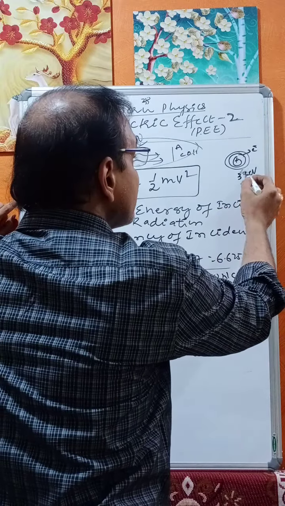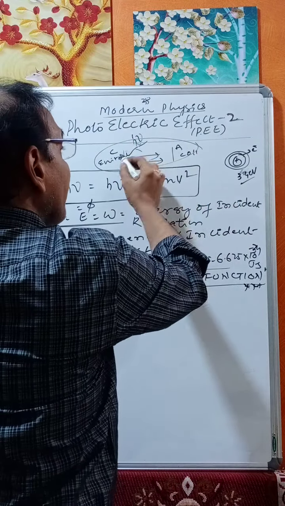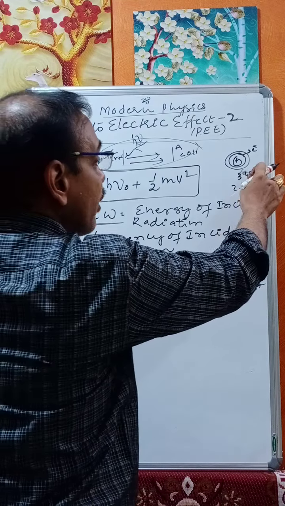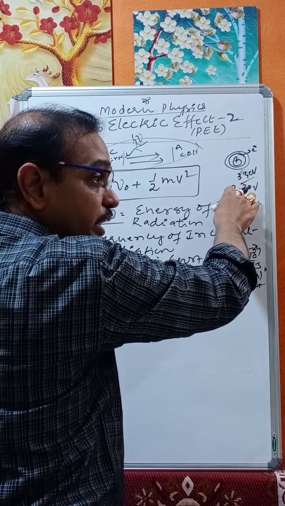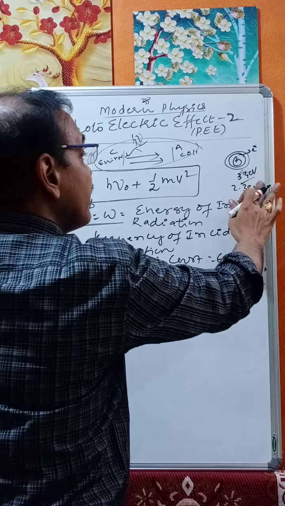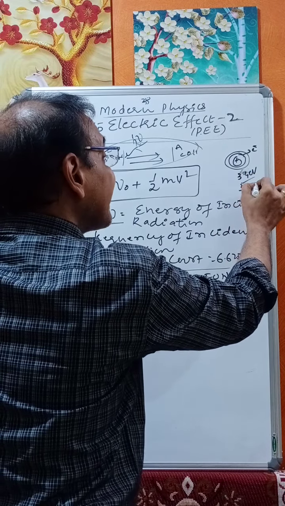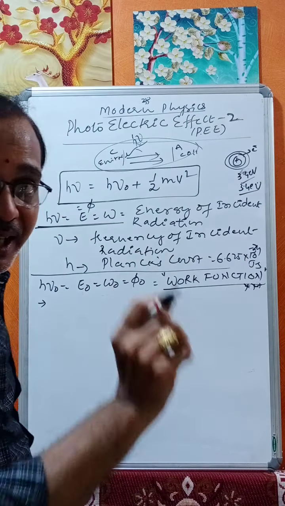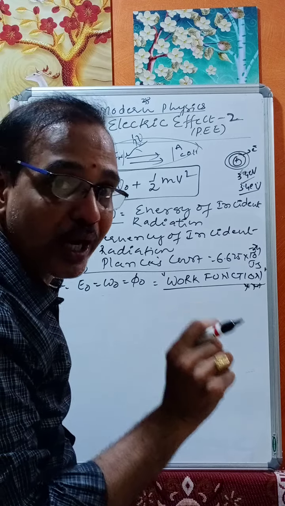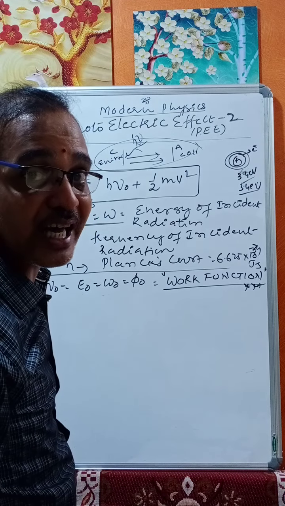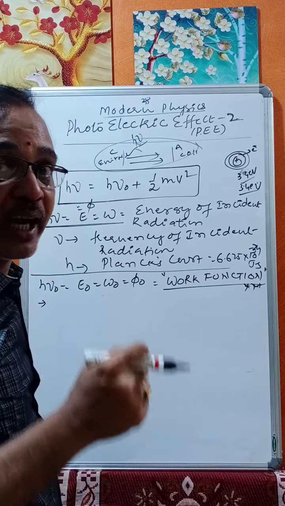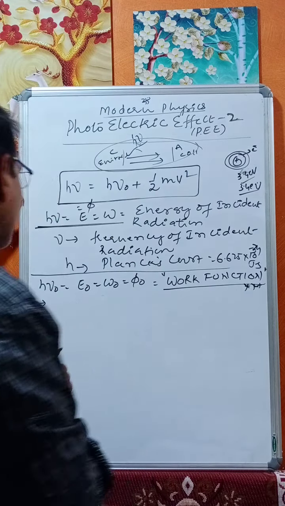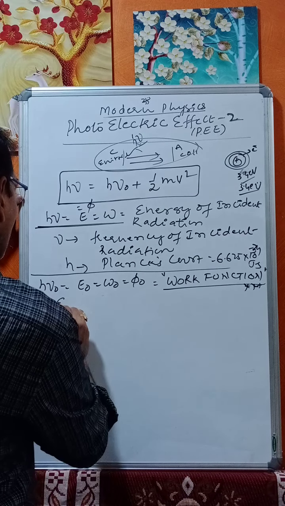If we supply only 2.3 electron volts, what happens? It requires 3.4 and we are supplying 2.3, so it won't come out. If we supply at least 3.4, the electron will be removed. That energy is called threshold energy, that frequency is called threshold frequency, and that wavelength is called threshold wavelength. Minimum frequency or minimum energy is required.